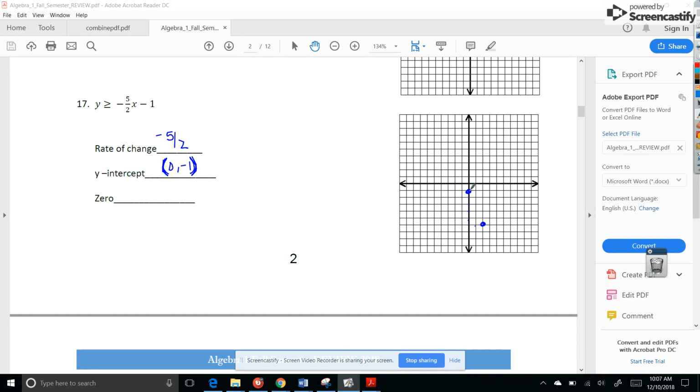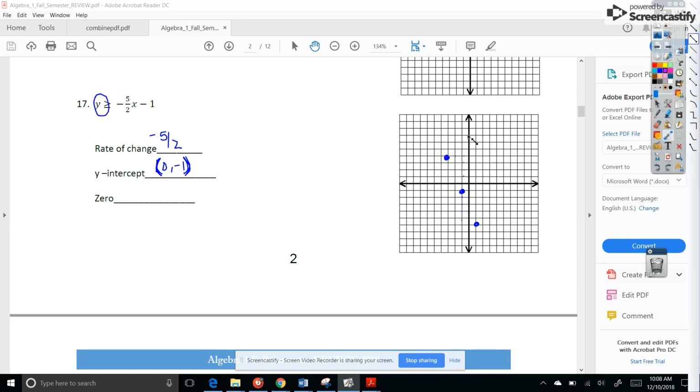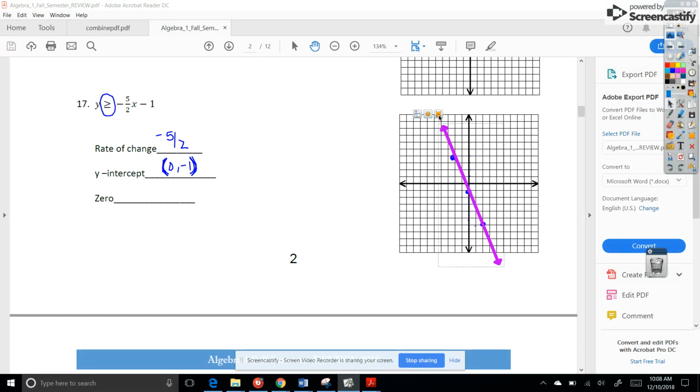I can also go up 5, left 2. All right. Since we have a greater than or equal to, I am going to connect this with a nice solid line. And I see I found an x-intercept.